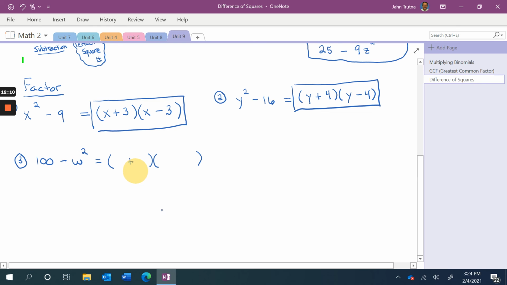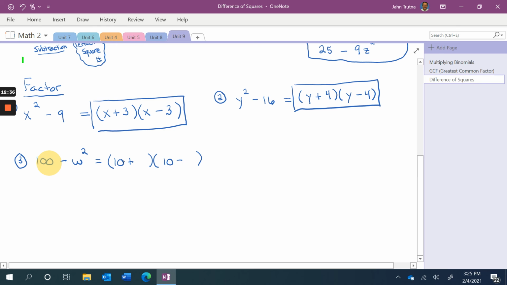Well, remember, one of the quantities will have an addition symbol. One of them will have a subtraction symbol. You go to the perfect square number, 100. What number times itself equals 100? That'd be a 10 and a 10. But in this case, you put the 10 at the beginning. And the reason why you put the 10 at the beginning is because the number 100 was at the beginning of the difference of two squares.